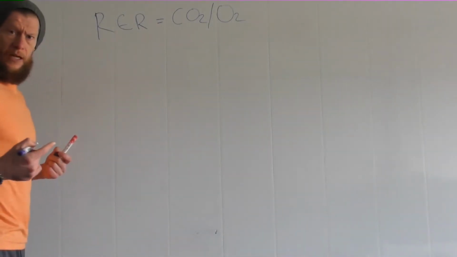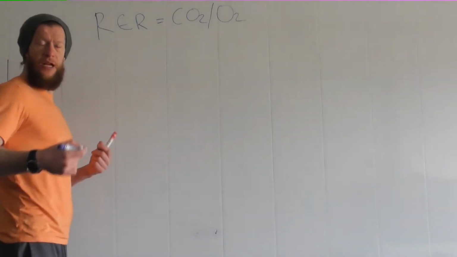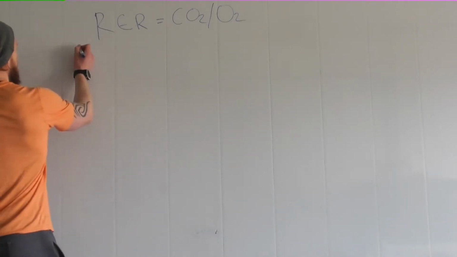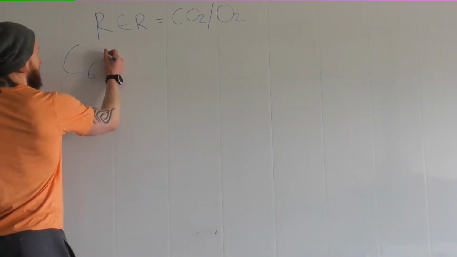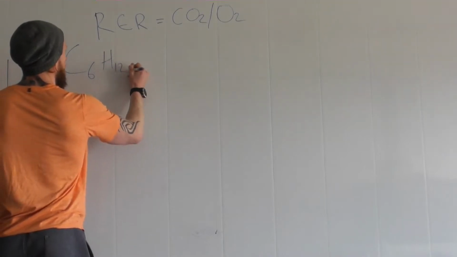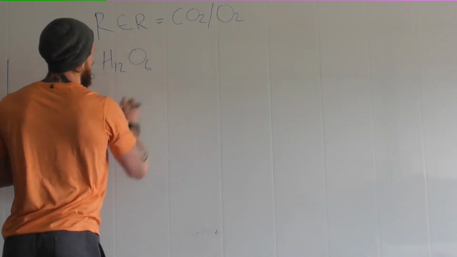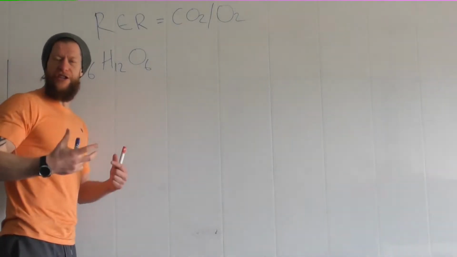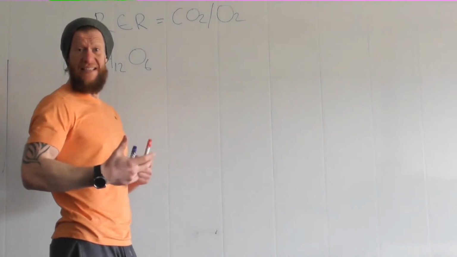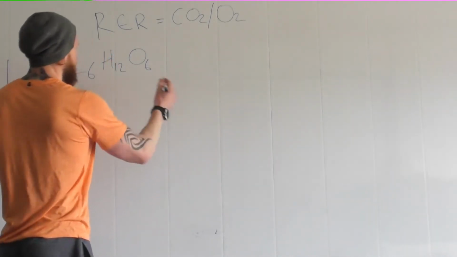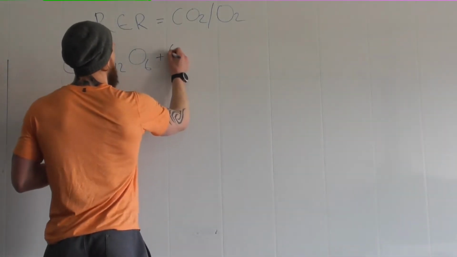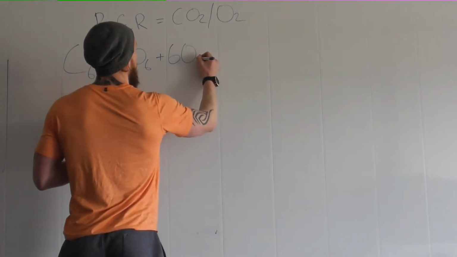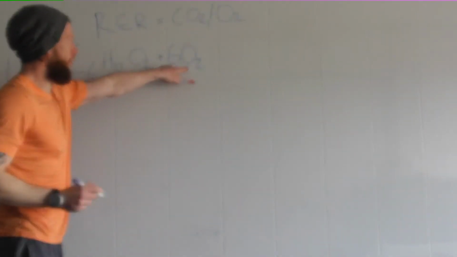We're going to talk about glucose, and the chemical formula for glucose is C6H12O6. That's a molecule of glucose. If we were going to fully oxidize that to produce as much energy, or ATP, the body's energy currency, we need 6 molecules of oxygen, 6 molecules of O2.